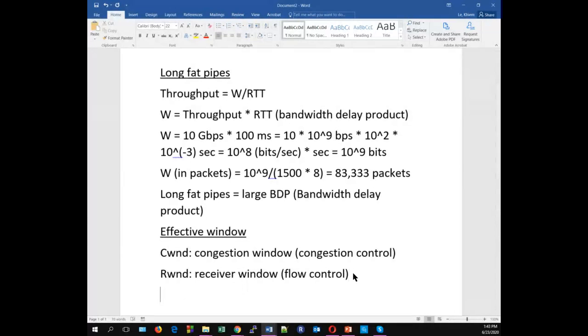Now, because the sender has to do both, congestion window and receiver window, the actual window, or effective window if you wish, is going to be the minimum of CWND and RWND.